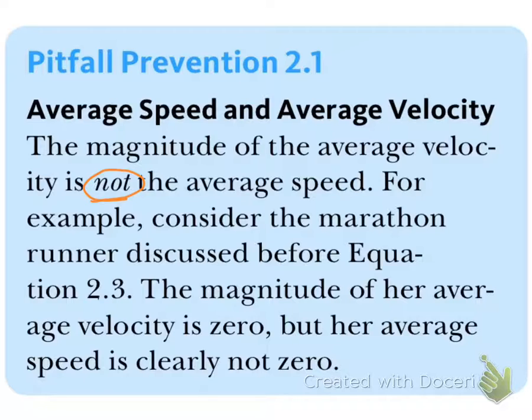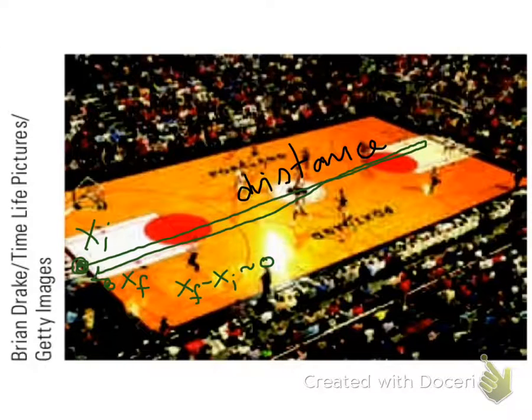If we look back to this picture, it is the same. When the basketball player runs from this side to the other side and runs back, if you want to calculate the average velocity, it is x_f minus x_i over delta t.